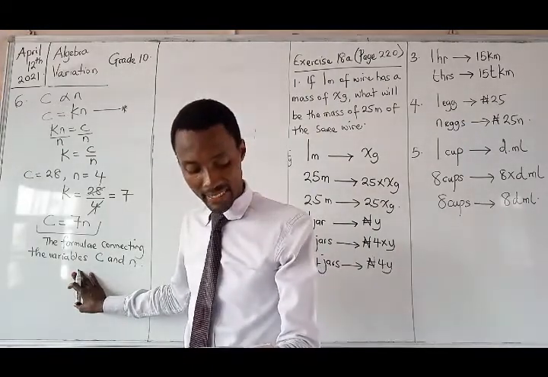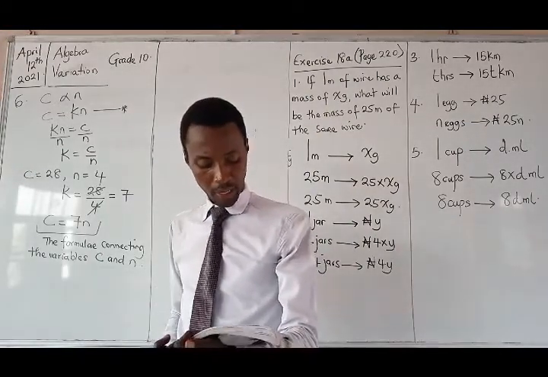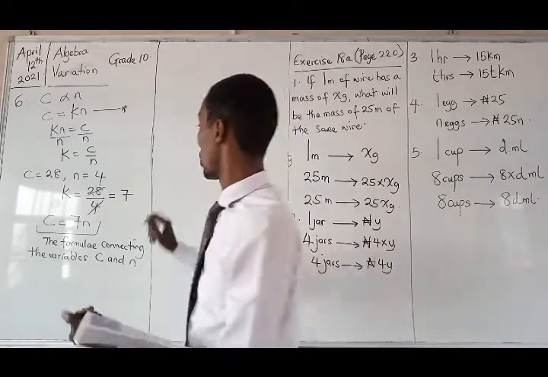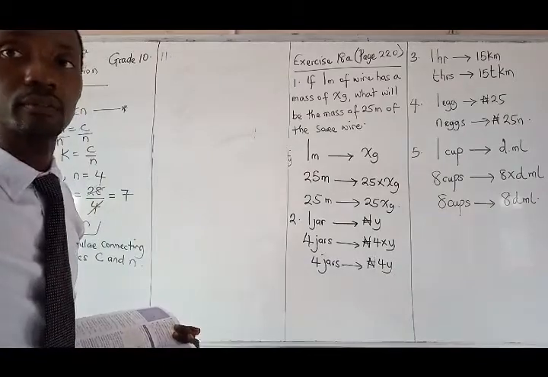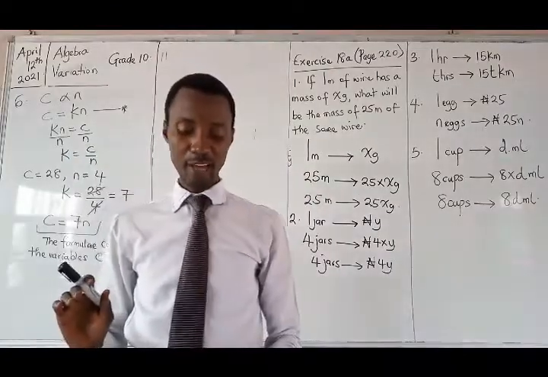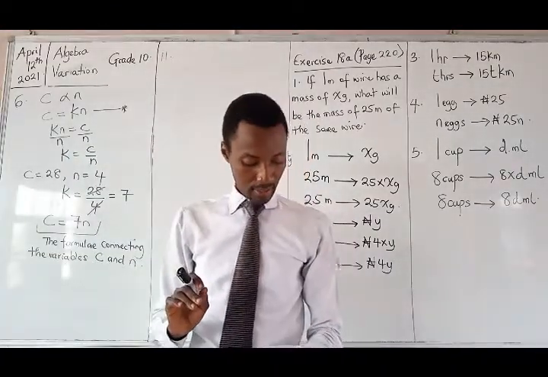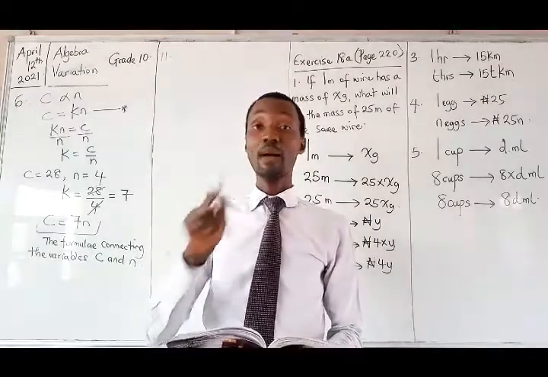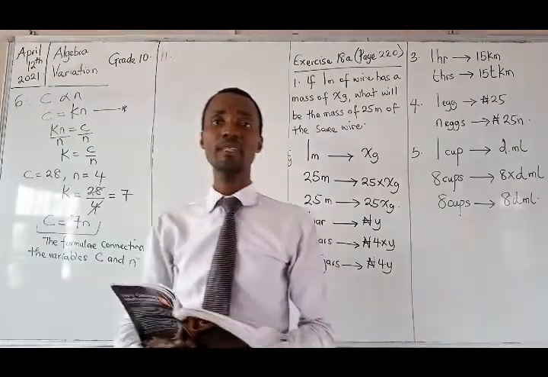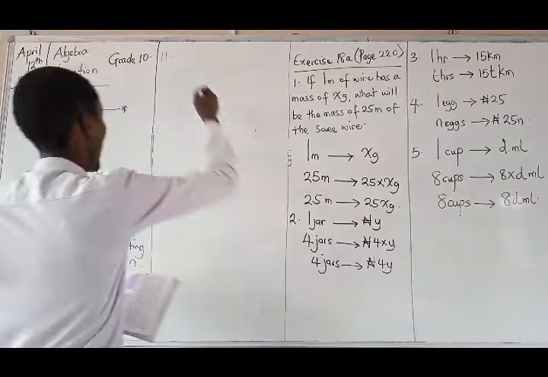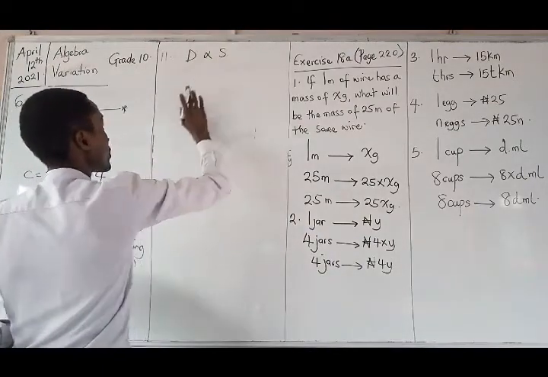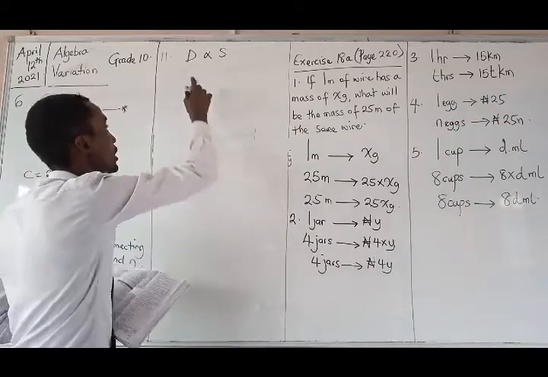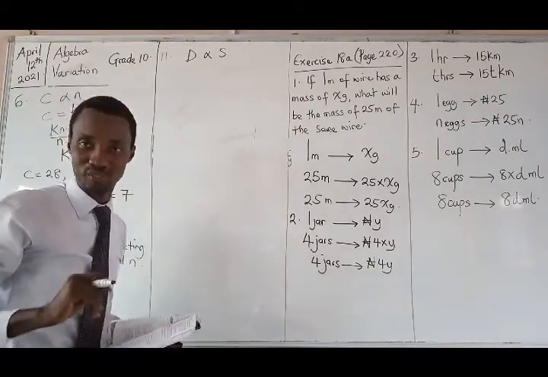Okay, now let's look at question number 11. In question number 11, you are told that D, capital letter D, varies as capital letter S. So the first thing you need to do is to write out your equation.